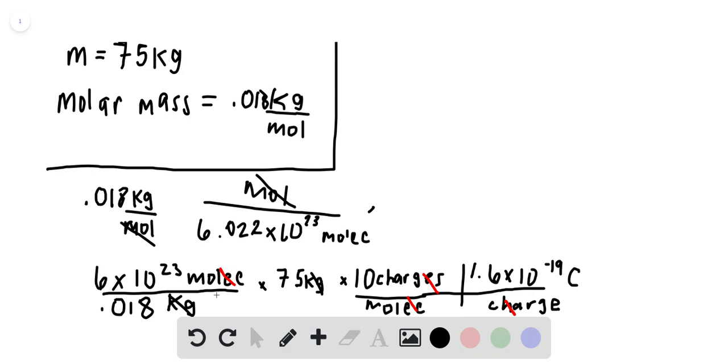When I plugged this whole thing into a calculator, what I got was 4 times 10 to the 9 coulombs.